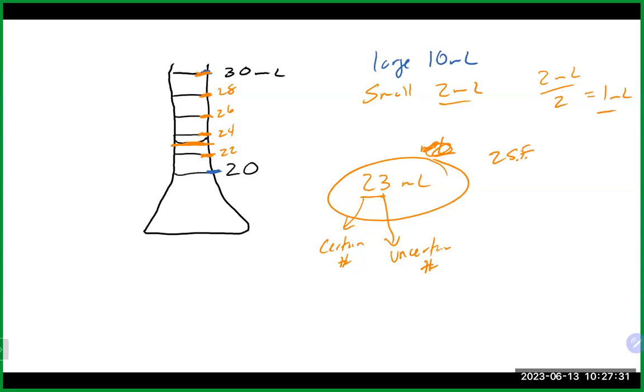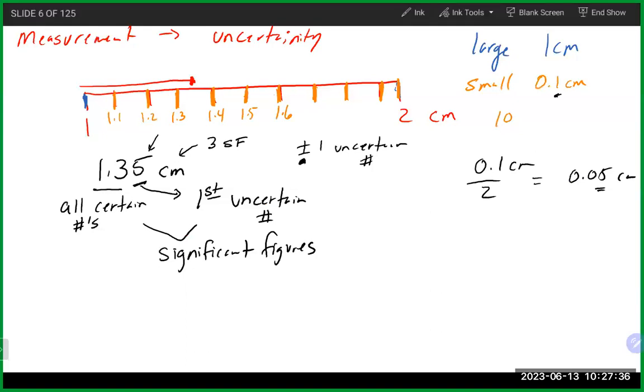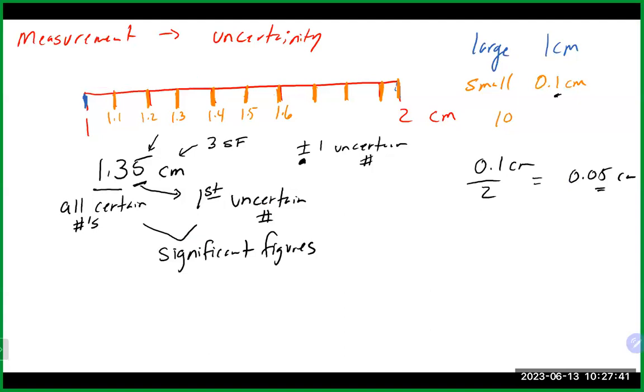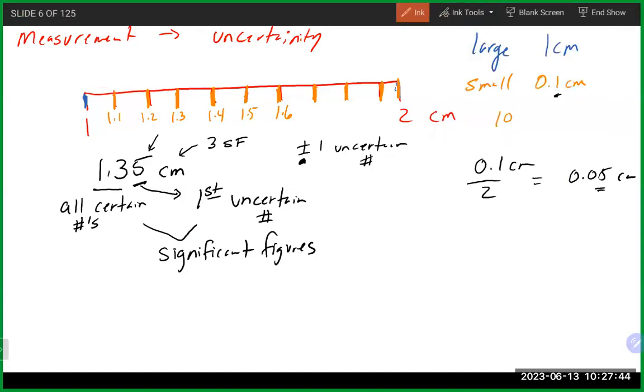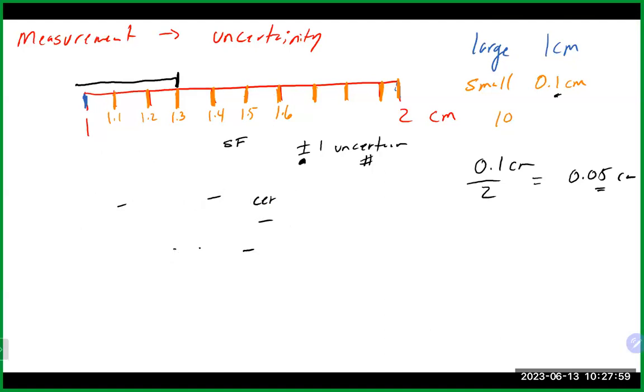Now, it's also really important, and a very common mistake that people make when they take measurements. Let's go back to this one here, and let's just say we were going to measure this one dead on. What should we record?